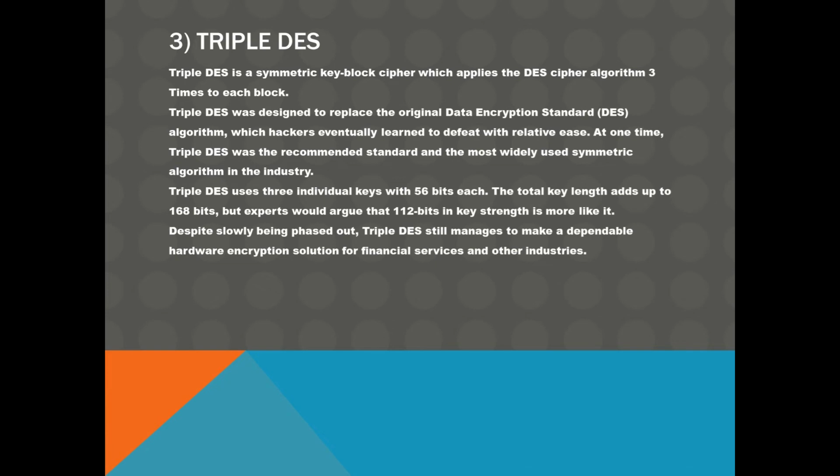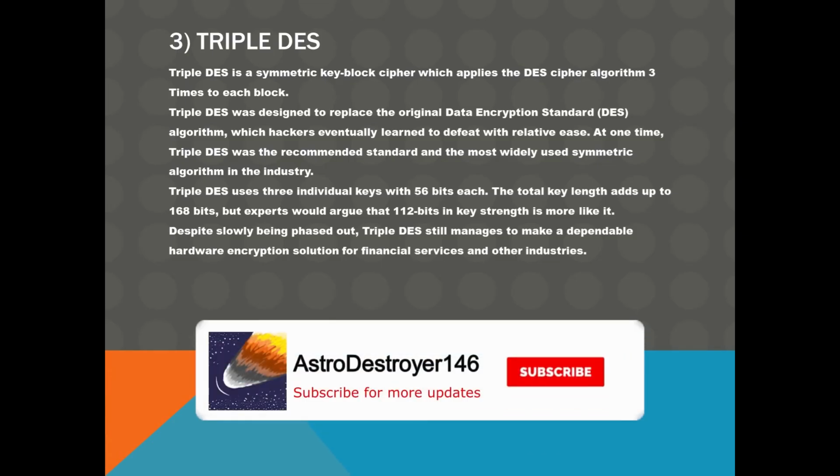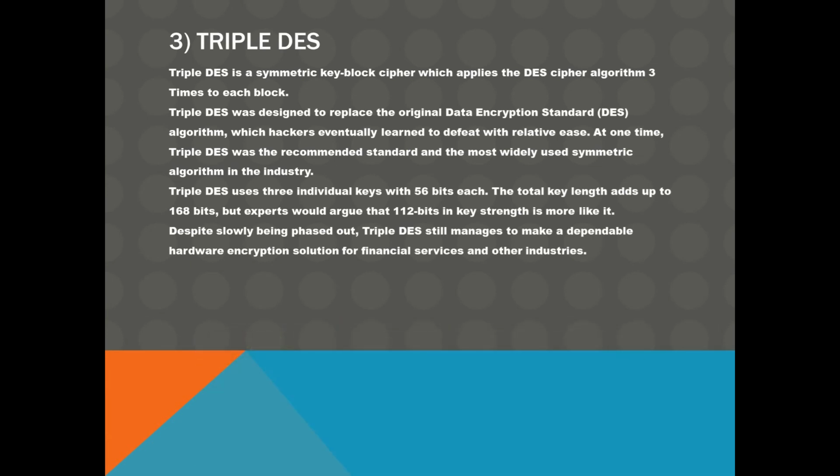Basically, it is the advanced form of the DES algorithm, which was eventually leaked, and some hackers eventually learned to defeat the encryption technique with relative ease. So we came up with an advanced version, that is triple DES. Basically, triple DES is a symmetric key block cipher which applies the DES cipher algorithm 3 times to each block, and each of the individual keys is of 56 bits.